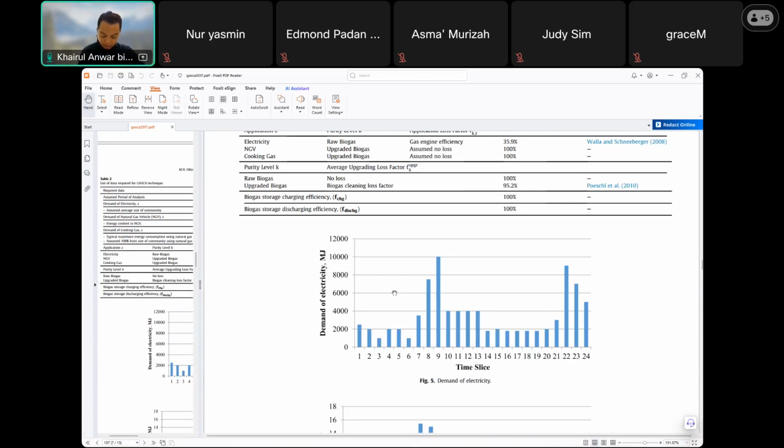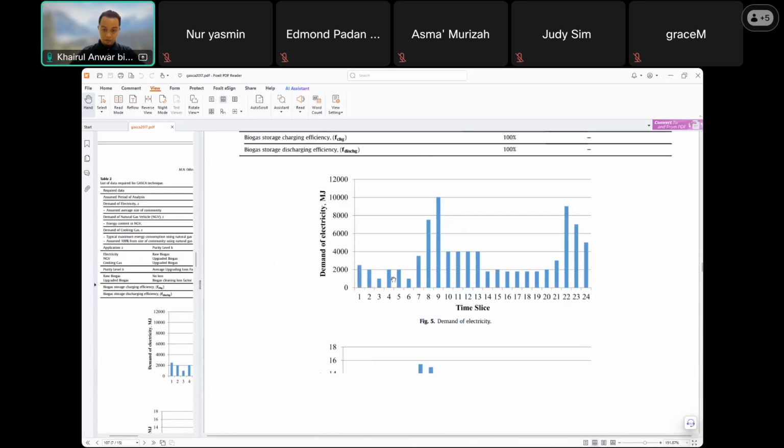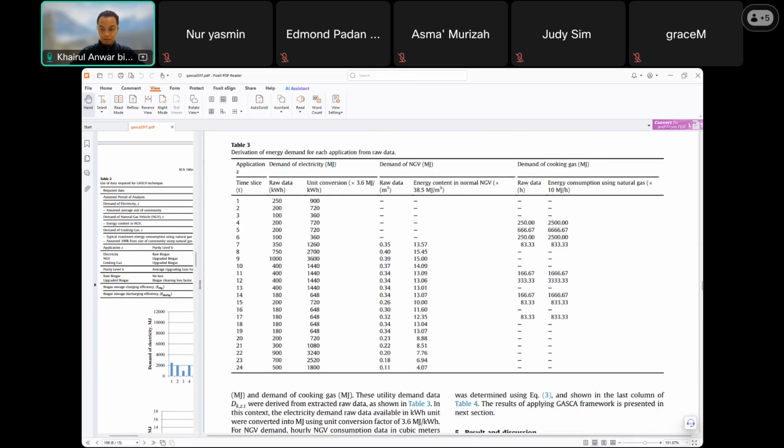This utility demand data were derived from extracted data as shown in table 3. This is table 3.